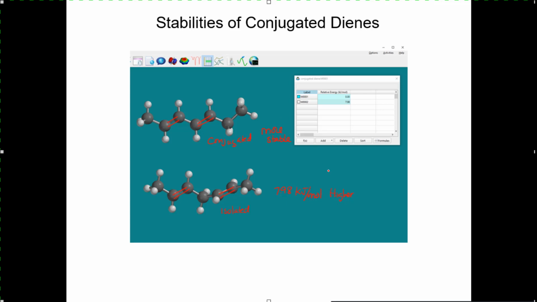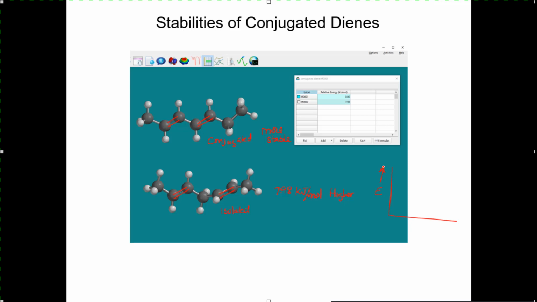So the isolated was 8 kilojoules per mole more unstable. How do we rationalize that?